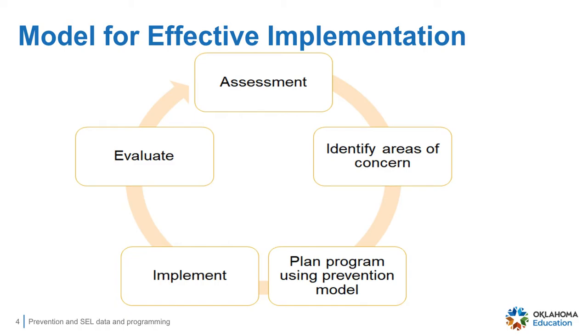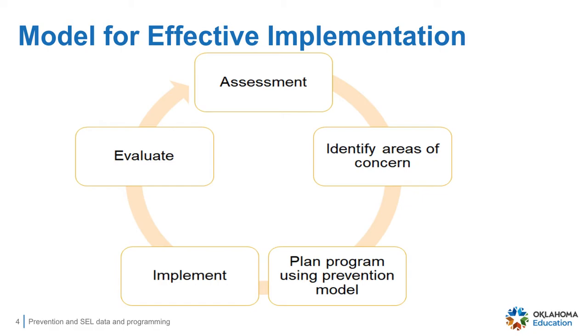Effective implementation takes planning. This is the model for effective prevention programming implementation. First, you should start by assessing the needs of your students. No one knows your students and their needs better than themselves. Next, you will take the data you collect to identify areas of concern.